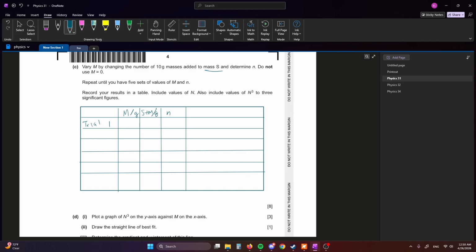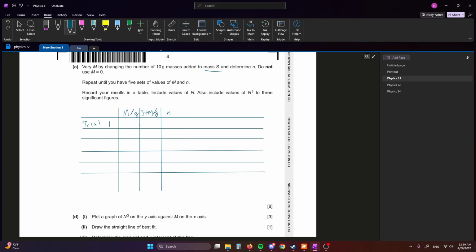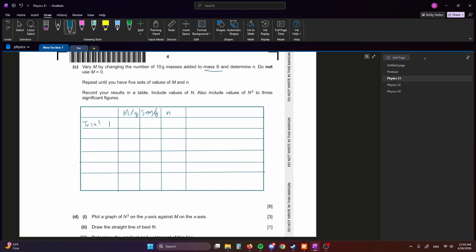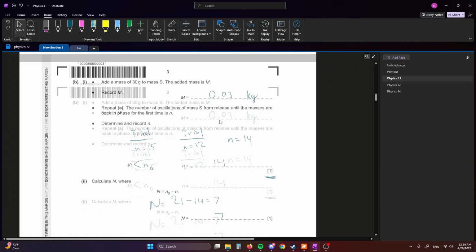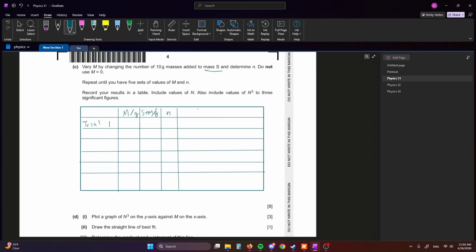So this has no unit. And then we need big N, and they give us big N here. So we're going to write n, and then we have n cubed. Yep. So we have this, we have that, and I'm sure that's everything.